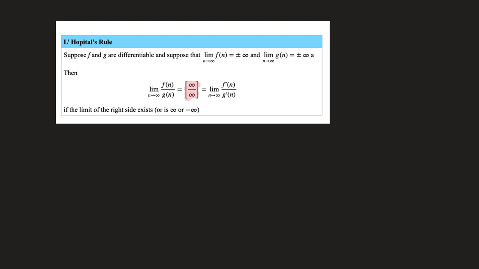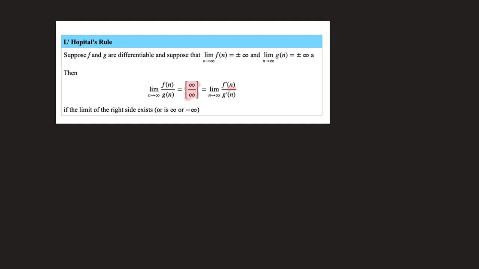One part going to negative infinity is fine. So for an infinity over infinity form of a sequence, you use L'Hopital's rule and take the derivative of each, with respect to n: f prime of n and g prime of n. That's how we use L'Hopital's rule to find the limit of this sequence.